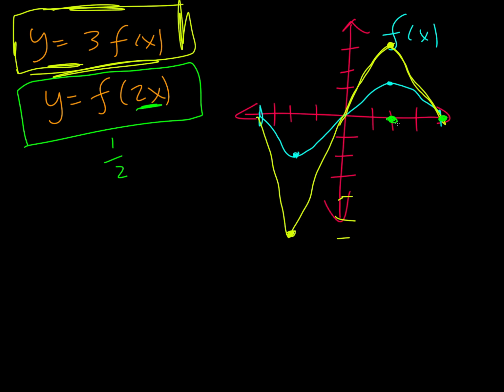and the height's going to stay the same, so it's going to look kind of like that. And then same thing here, this is going to move in more like that.